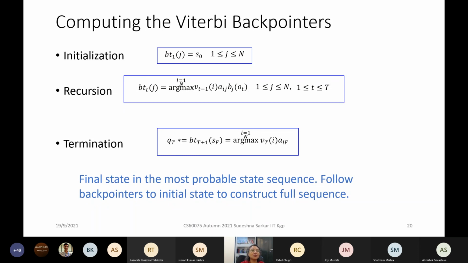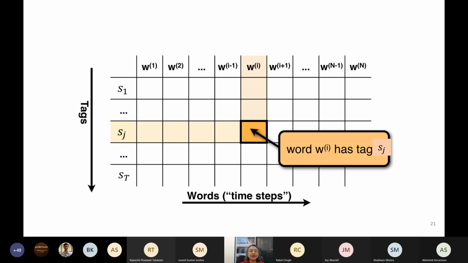So this is about how we compute the back pointers. So the back pointer is computed by finding that value of the cell for which the probability is the highest. And finally, we follow the back pointers to find out the most probable tag sequence.